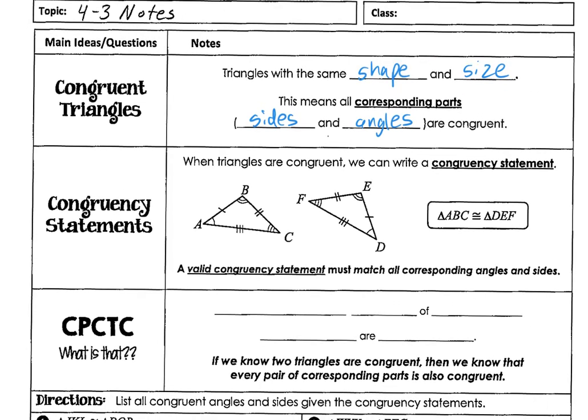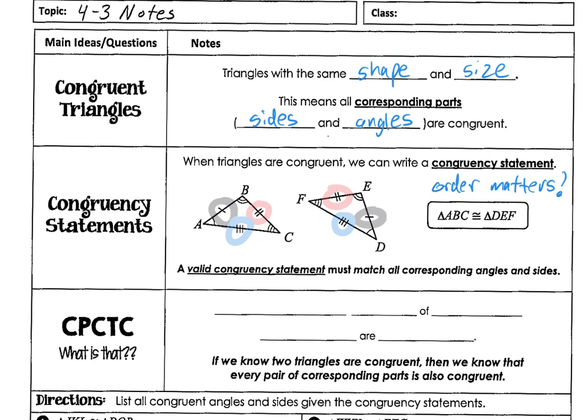So this idea of a congruency statement is really important. And one thing I want to mention is that order matters. Order is really going to matter in this section and in the remaining sections. Notice here, it is not saying that all three of these sides are the same. No, it's just saying that AB has a matching side, so does BC, and so does AC.